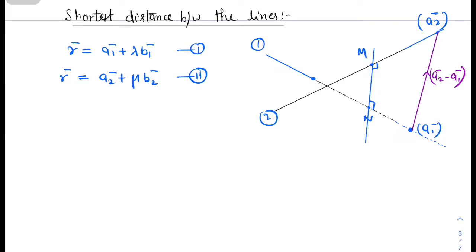Okay, so a2 minus a1, the projection of this vector on the direction which is perpendicular to both the lines will give us this MN distance. So how to find the projection?